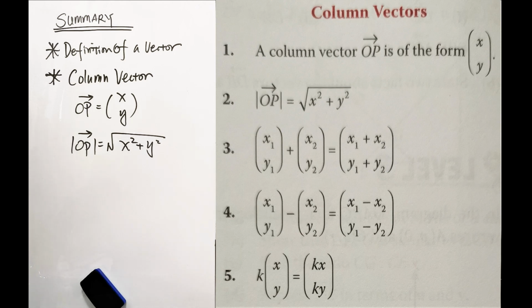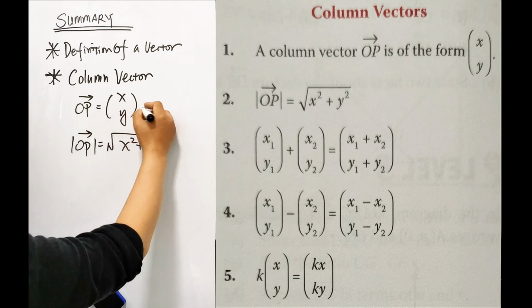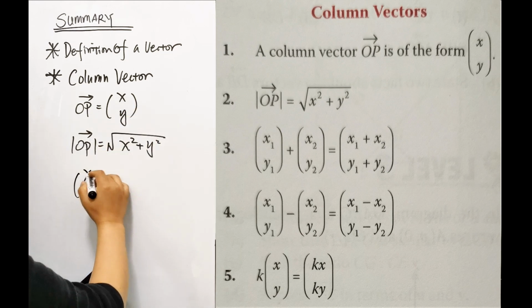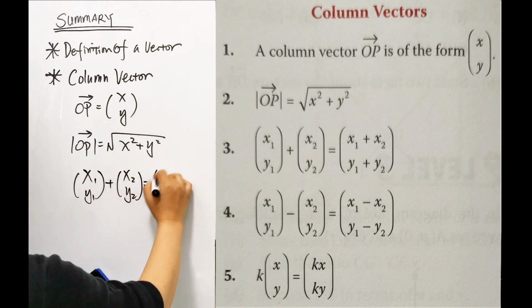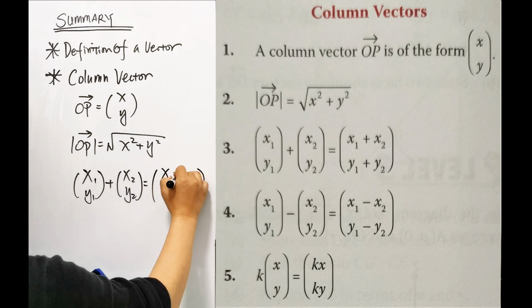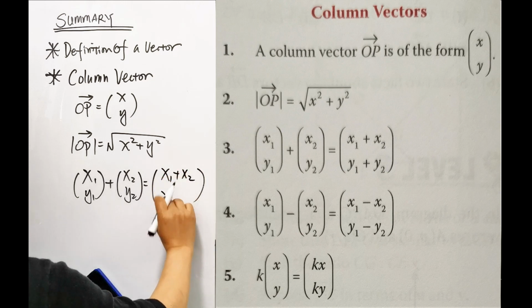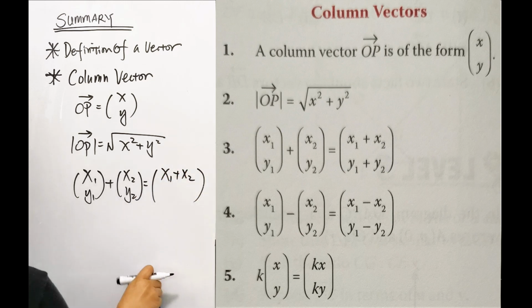So we also learn about the addition of vectors, subtraction and multiplication of the vectors, right? For example, we have these two columns, so we can add them together, right?